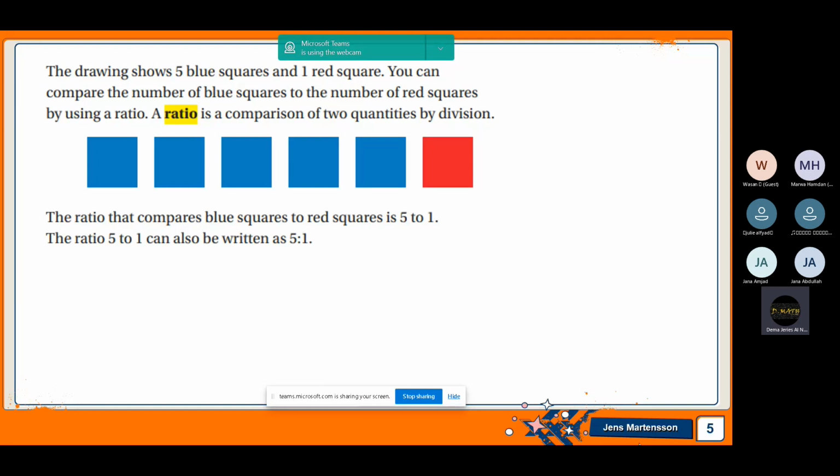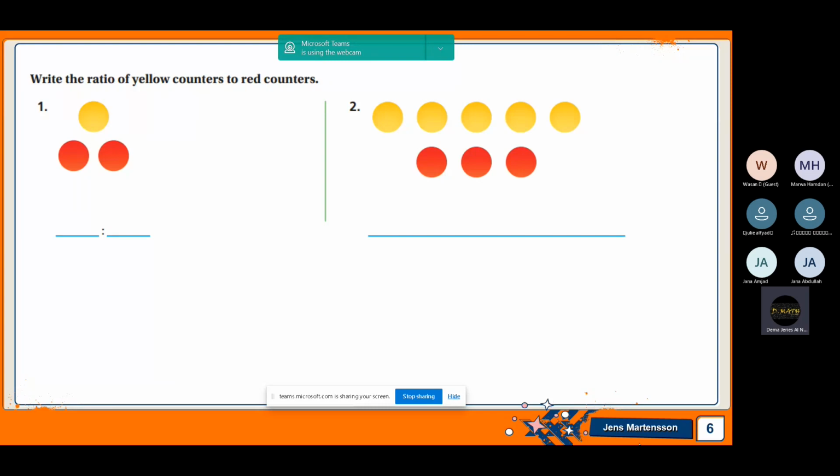Now, this example here. Write the ratio of the yellow counters to the red counters. 1 to 2. Yes, Rafif. Look at me. Yellow to red.